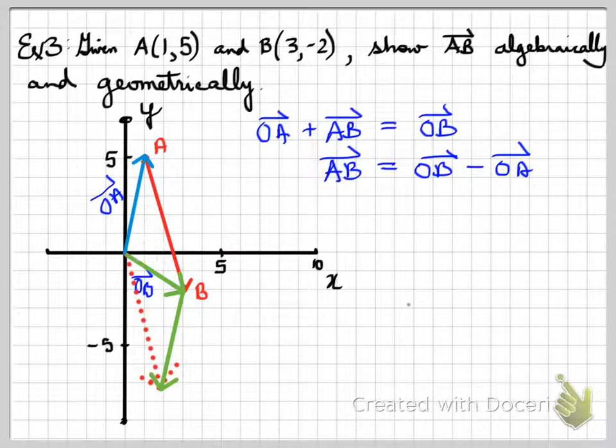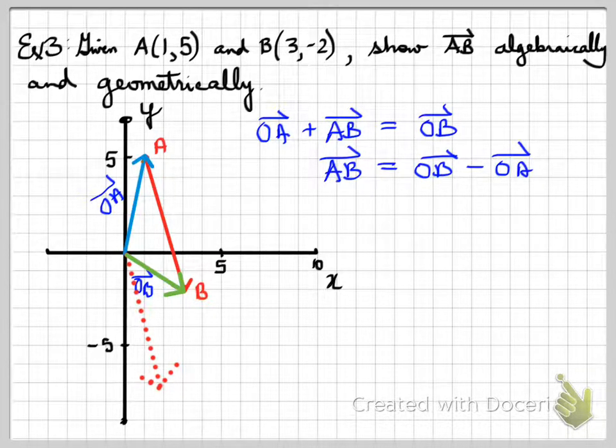And let's look at it geometrically at how that was formed. We know AB is here. If I took OB, which is here, and I subtract OA, so here is AB again. Don't forget that it has the same direction and same magnitude as AB. OB is created by taking OB minus OA.